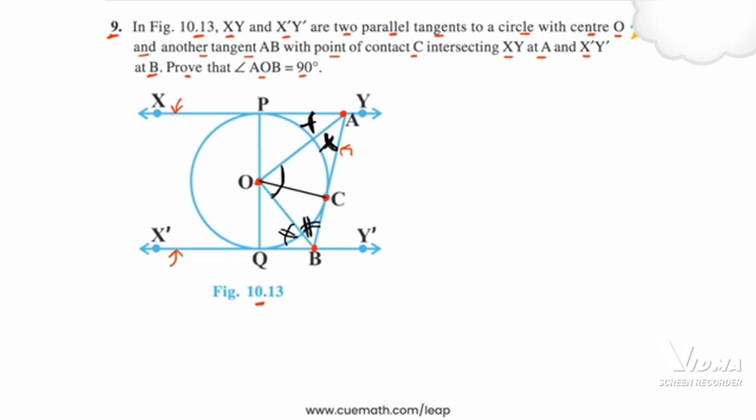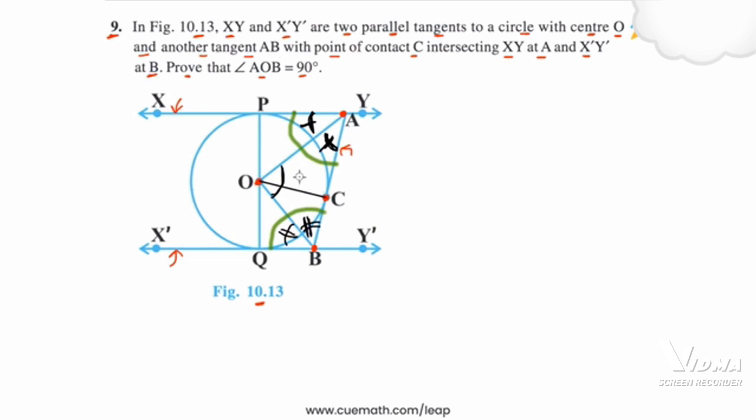And now if you look at the angles PAC and QBC, observe these angles carefully in the figure. Angle PAC is this entire angle, and angle QBC is this entire angle. What do you think is the relationship between these two angles? Well, the sum of these angles is equal to 180 degrees because these are co-interior angles, and therefore the half of their sum will be equal to 90 degrees.